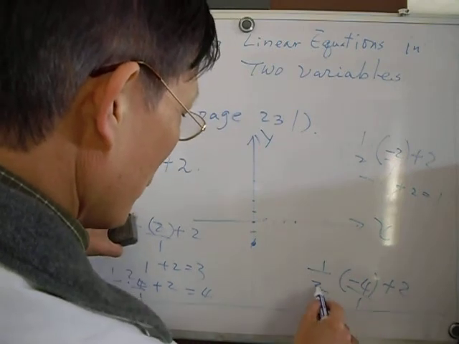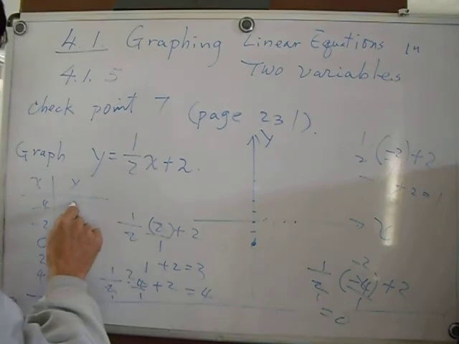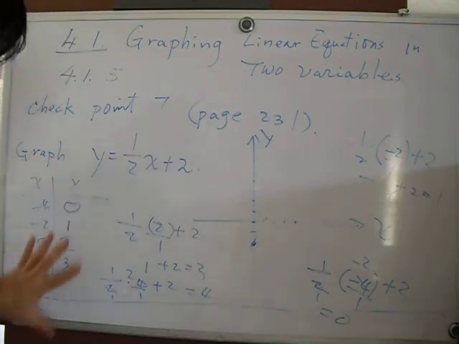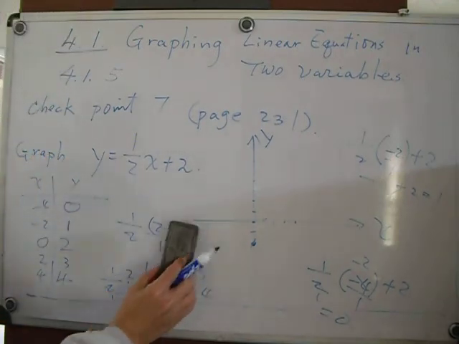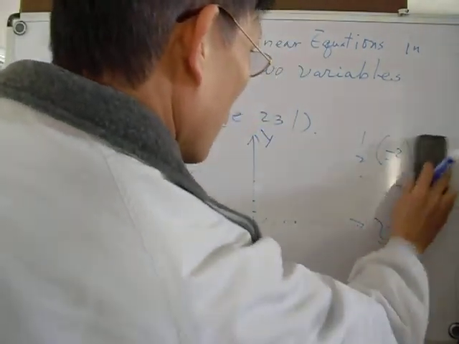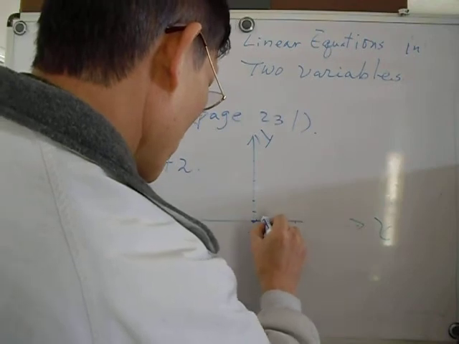On this side, you get negative 2 plus 2, which is 0. Once our table of ordered pairs is ready, we can graph. Erase this, and the graph paper looks like this.